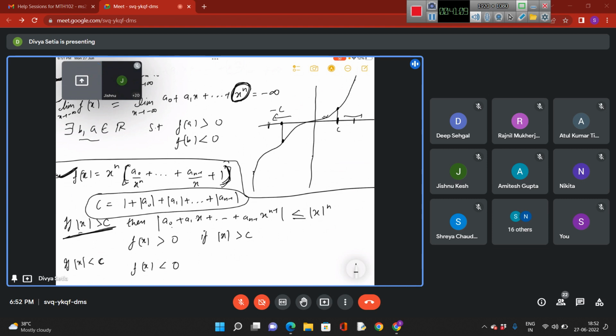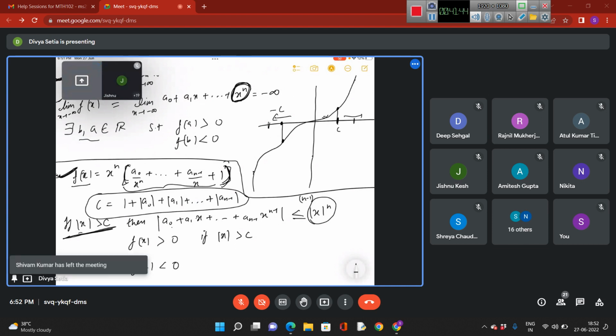Why is it so? What is happening is that your functional value is a0 plus a1x plus up to a(n-1)x^(n-1) plus the highest term. The main thing which matters here is this highest degree. The other part will be less than this highest degree, n minus 1 times.